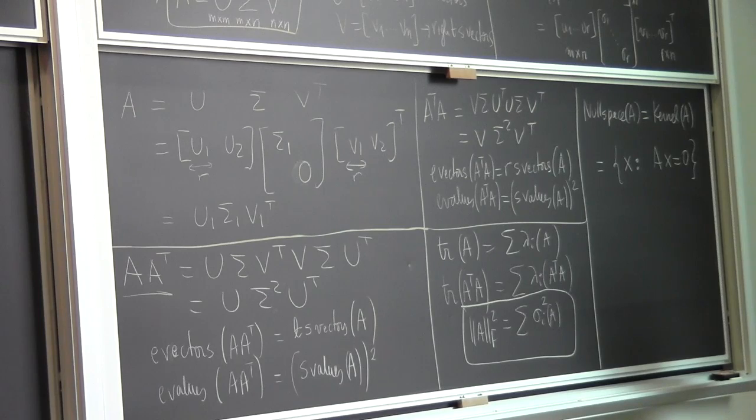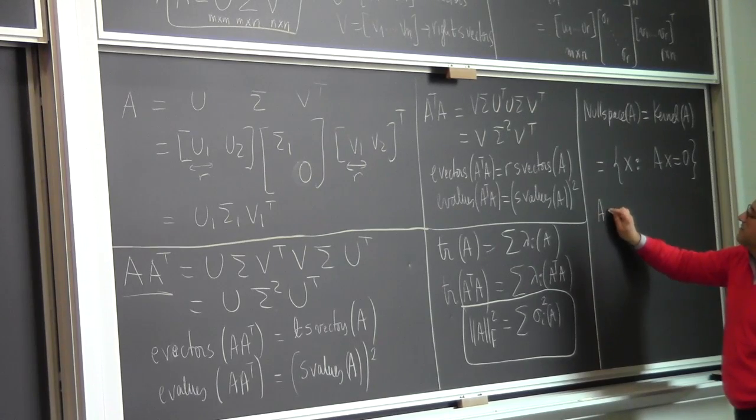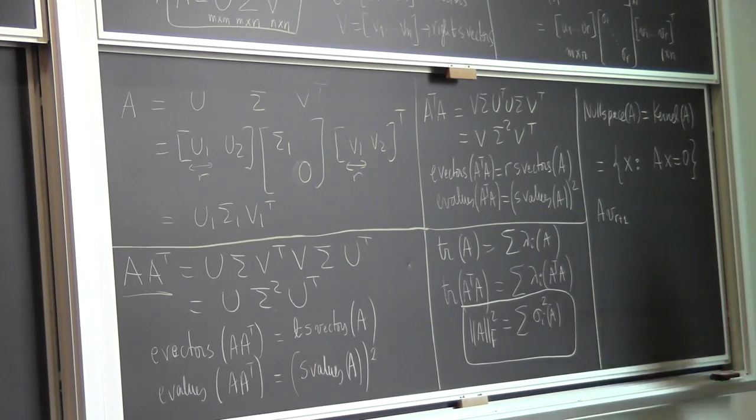Okay? And so if I go back to the singular value decomposition, which is just written there at the top, what are the vectors that are going to be mapped to 0? Let me see. What happens to A times V sub r plus 1?